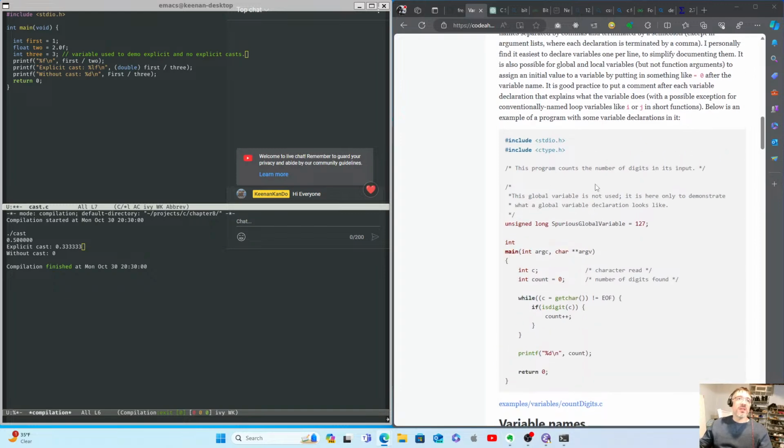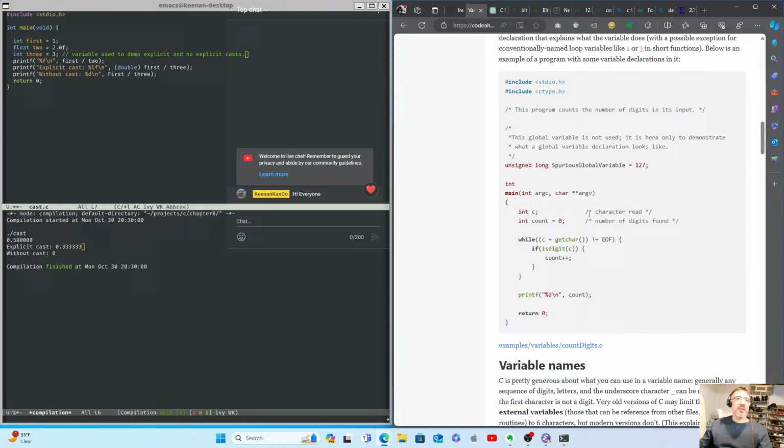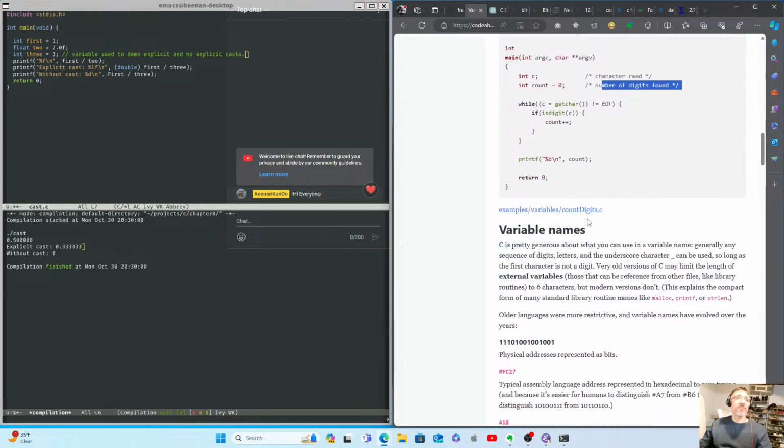So I agree with this, that putting in a little bit of comments to tell you what the program is doing, and then some comments to tell you what these particular variables are for, makes sense. I'm not against it. I think it's a good idea.